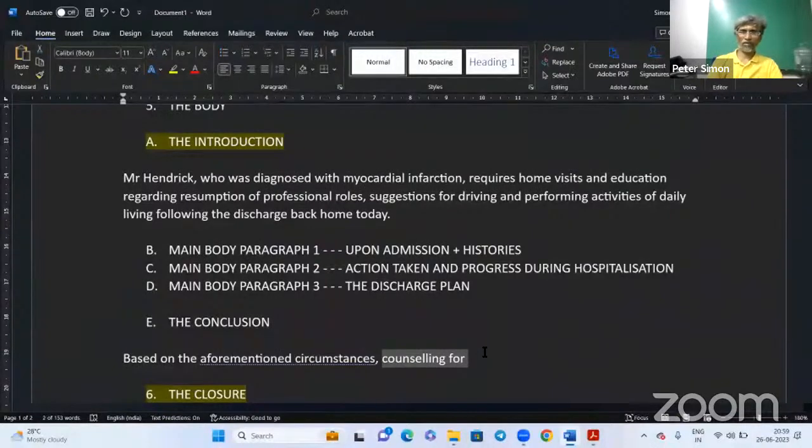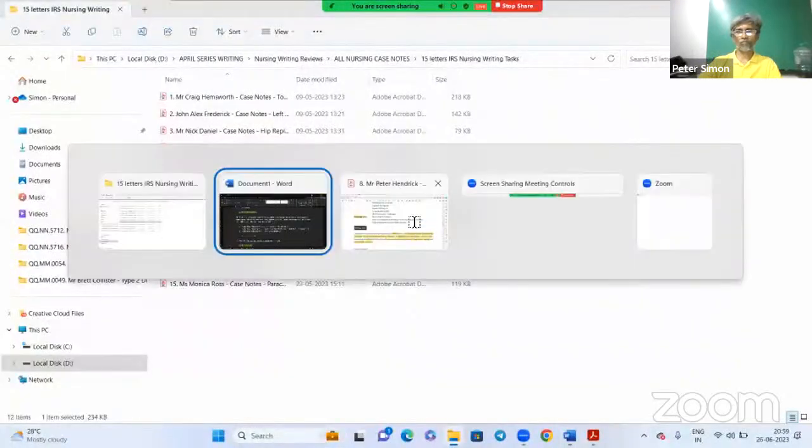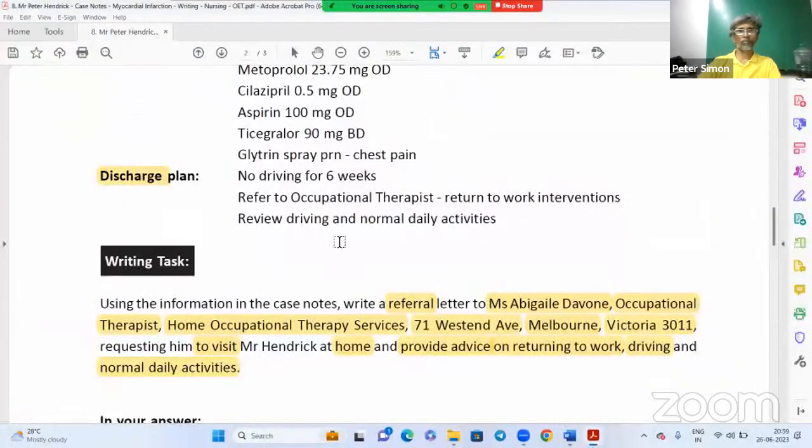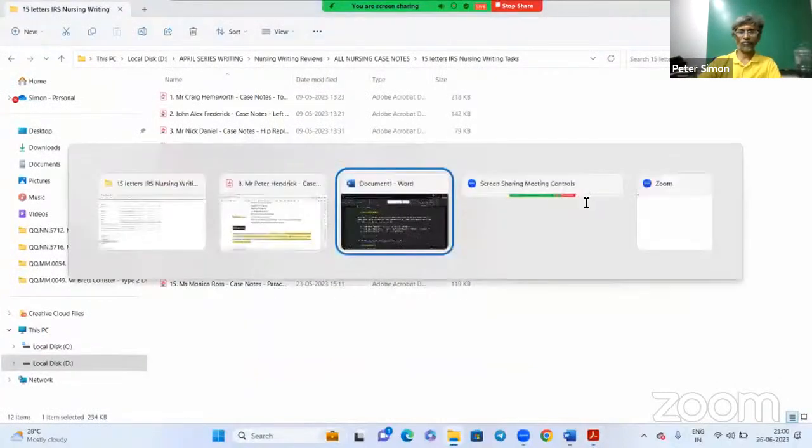So counseling for, okay. So refer to occupational return to work interventions. Yeah. Intervention, you can use the word intervention. Okay.